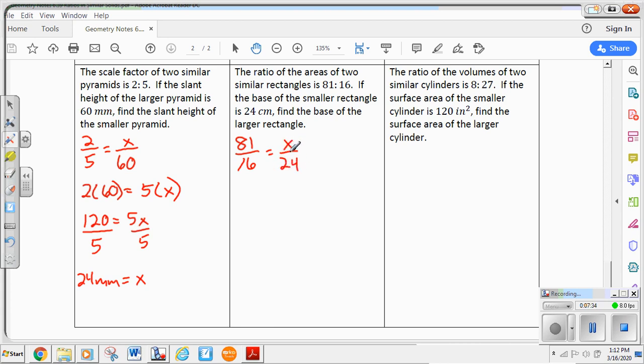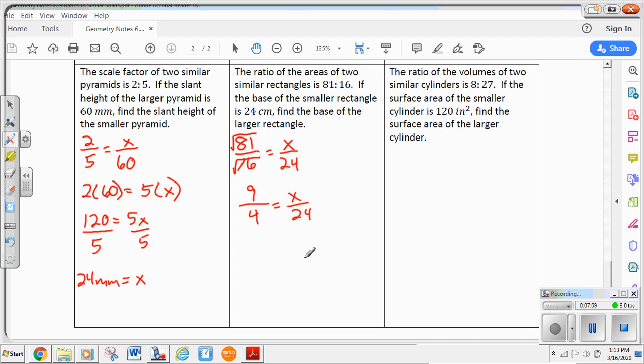The large base length is the numerator. Area is 2 dimensions. Base length is 1 dimension. We will square root the 2-dimension area so that it will match the 1-dimension base length. The square root of 81 is 9, and the square root of 16 is 4.